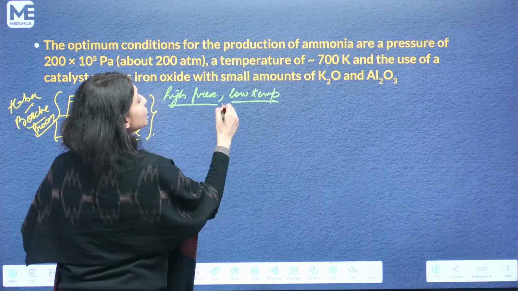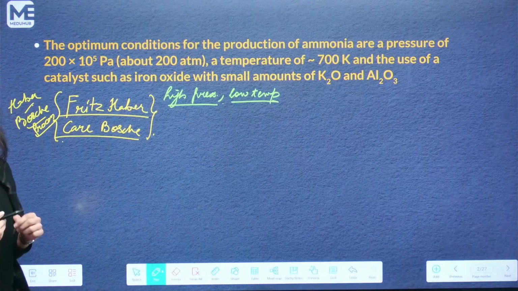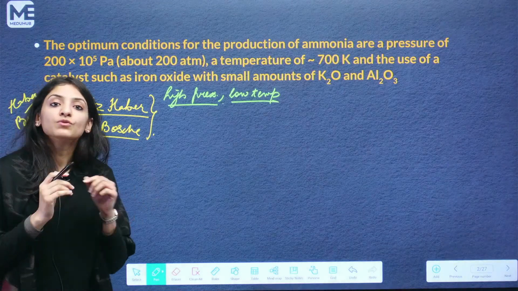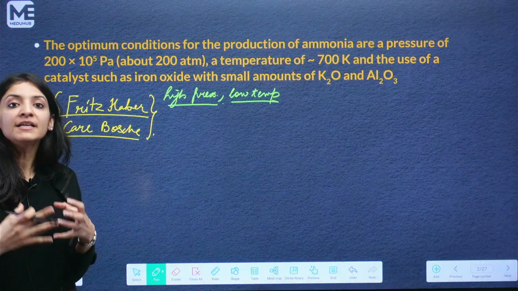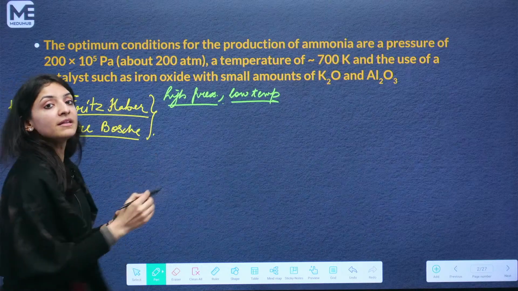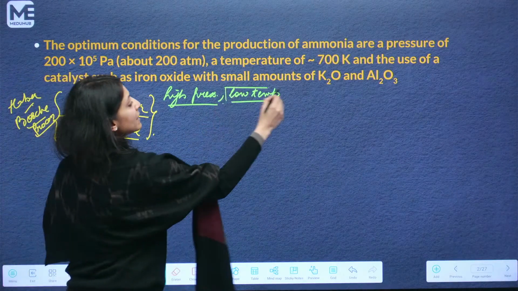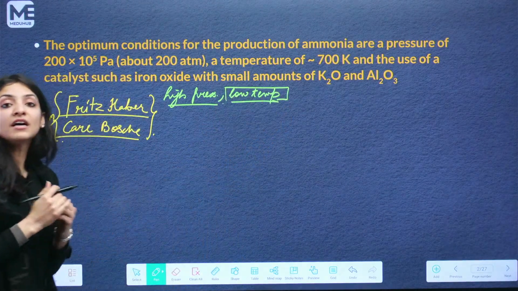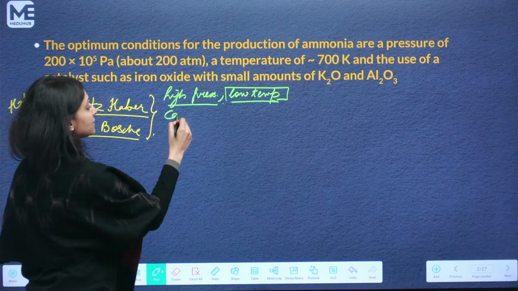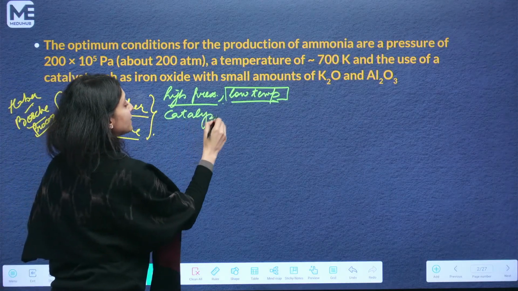But at a low temperature, the rate of attainment of equilibrium is very slow. So that is not feasible economically, that's not a viable way. So in the actual process, we don't use a very low temperature. And another thing, since the reaction is so slow, we would need a catalyst to produce it industrially.